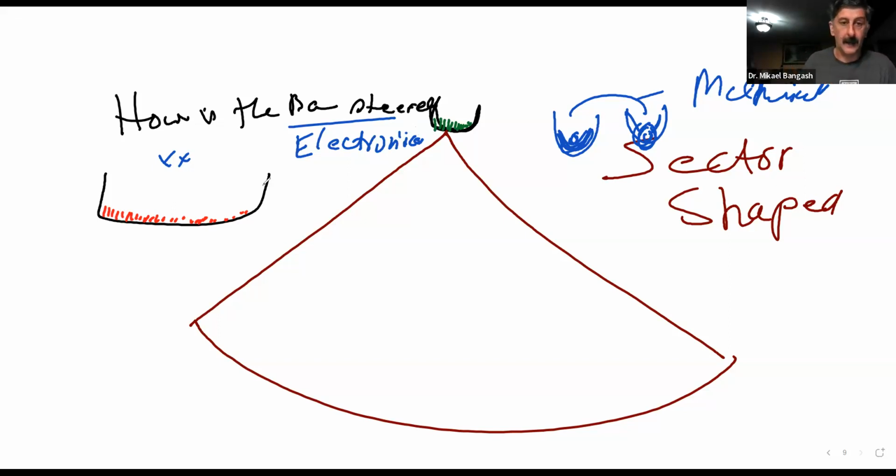And what's going to be the mechanism by which your electronic components control the steering, or determine the steering of the beam, is what we call phasing.